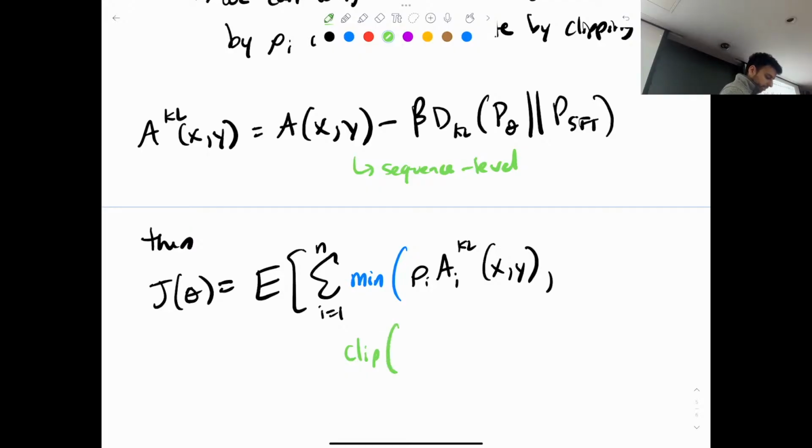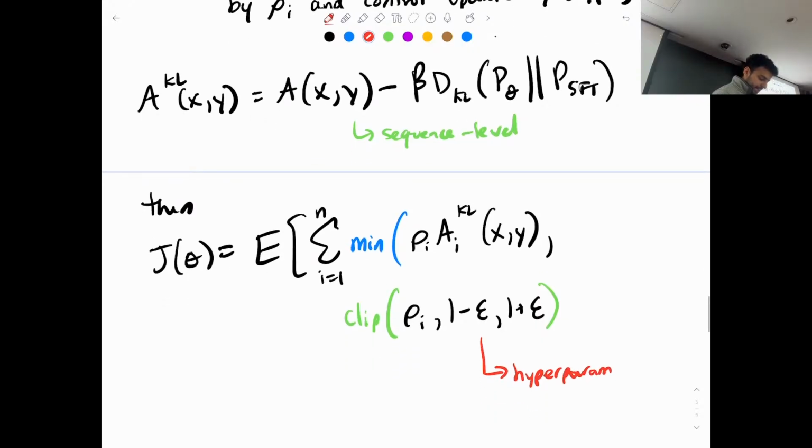There's no way to avoid this. We're going to clip our policy ratio to be between 1 minus epsilon and 1 plus epsilon, where epsilon here is a hyperparameter.